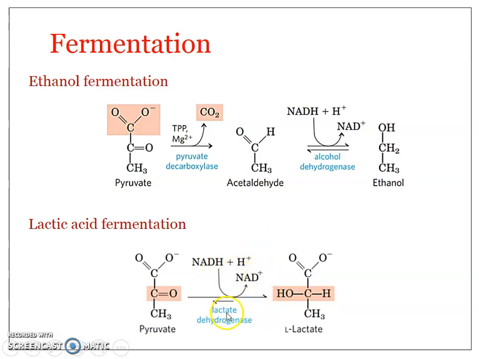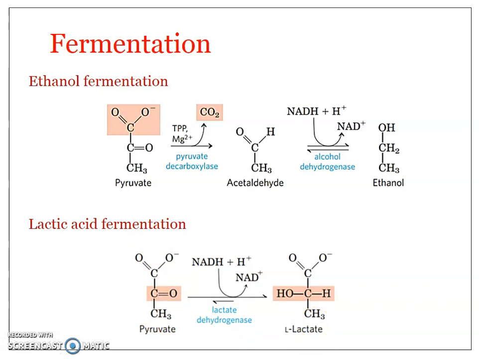This reaction again is a reversible process, and it is catalyzed by lactate dehydrogenase. The lactate dehydrogenase enzyme will reduce pyruvate to lactate with the oxidation of the NADH molecule.